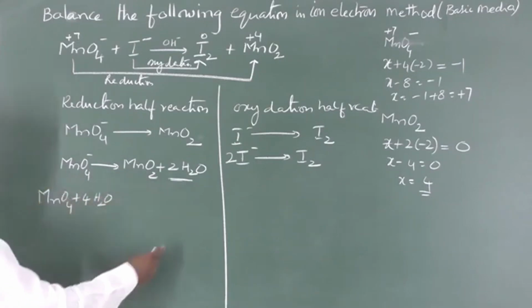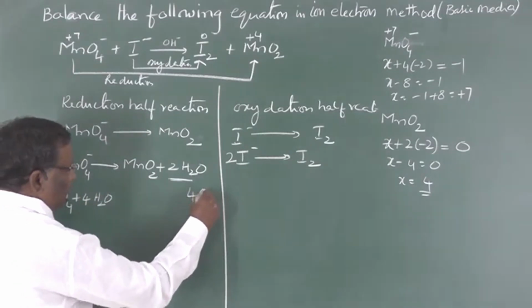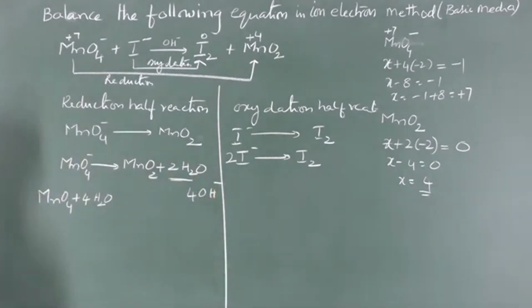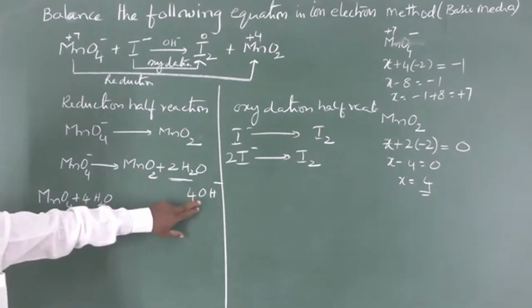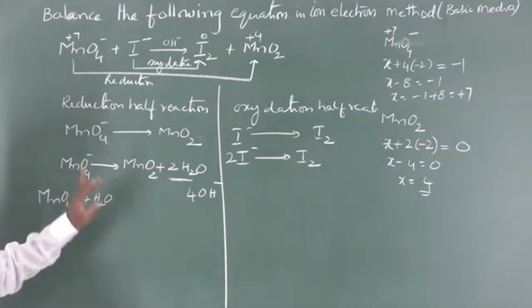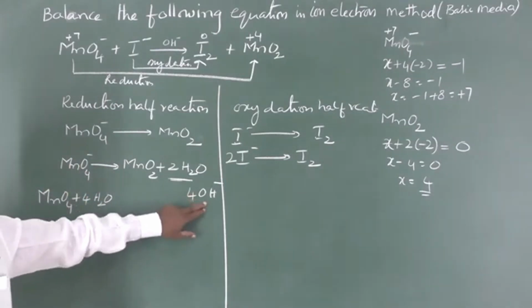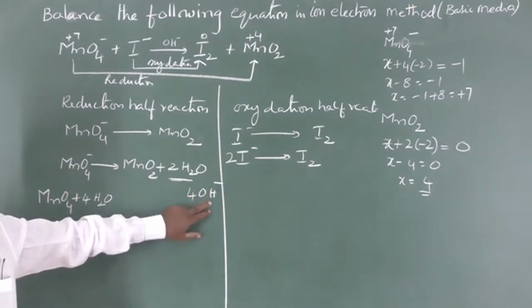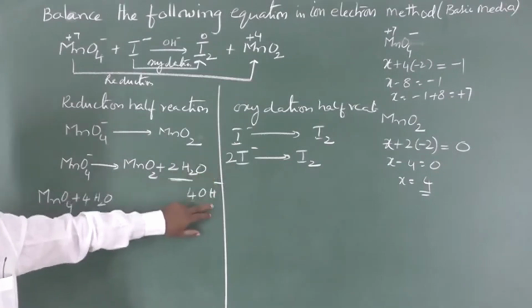At the same time you have to write 4 OH minus ions this side. Because if you write 4 H2O this side, in total 8 hydrogens you are adding, but the deficiency is only 4. That's why you are adding 4 hydrogens and 4 oxygens extra. That's why to balance that we have to write 4 OH minus on the same side.